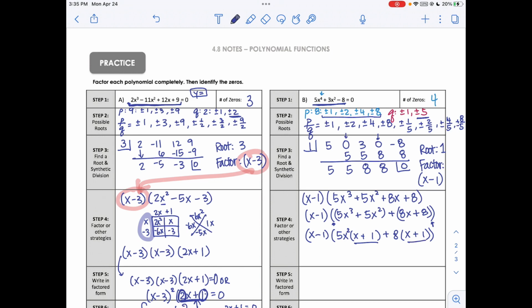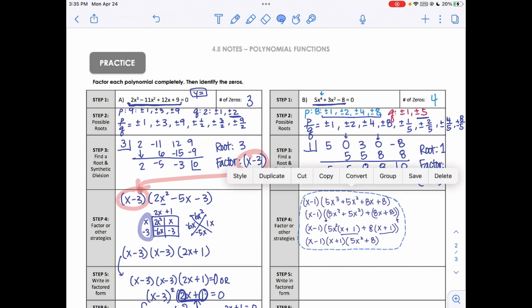Now we have x plus 1 and x plus 1 in common, and then we would have x plus 1 taken out as a common factor, and then writing out the leftover pieces from the factoring as 5x squared plus 8.